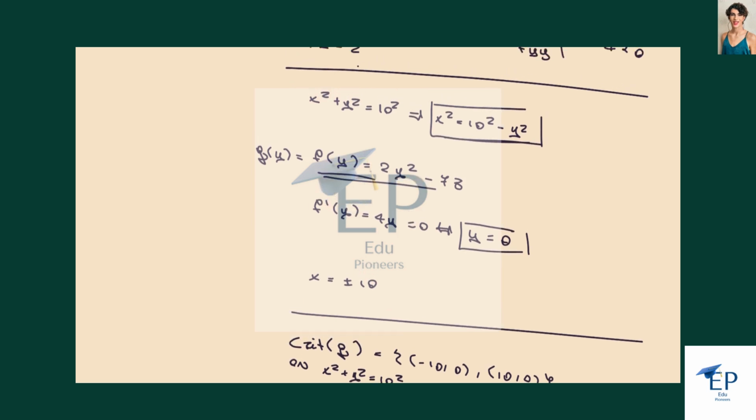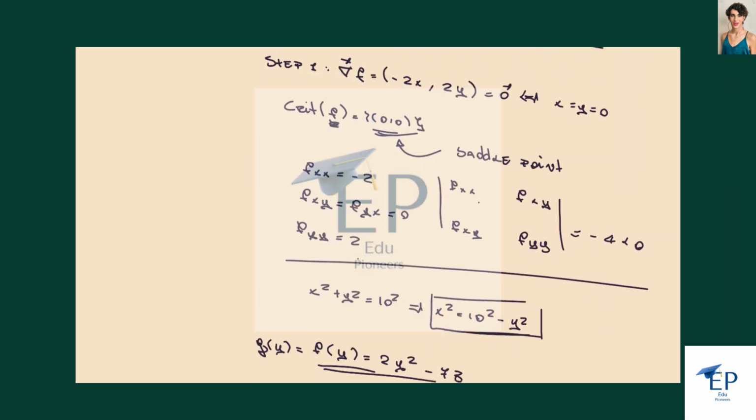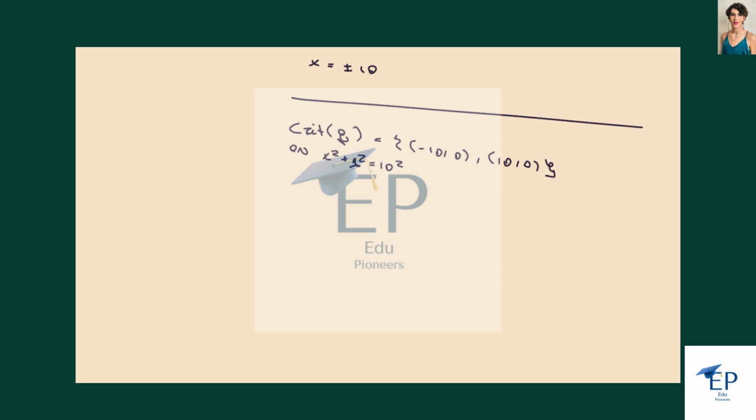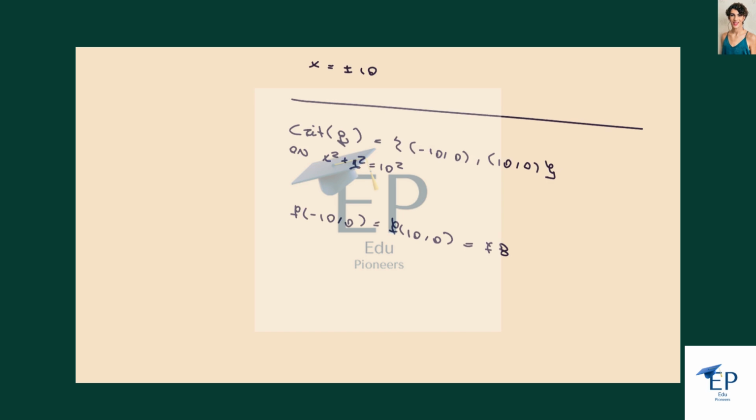Well, here, what are we going to have? Okay, we have f of negative 10, comma 0. This one is negative 100 plus 22. This is the same as f of 10 comma 0. Perfect. So 78. Perfect.